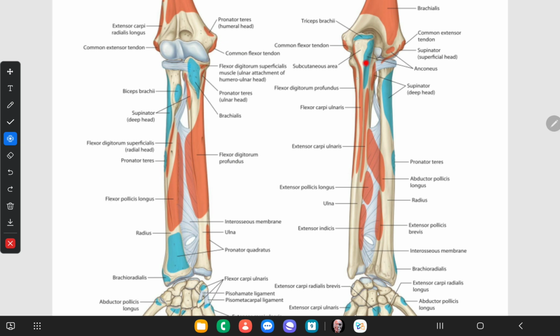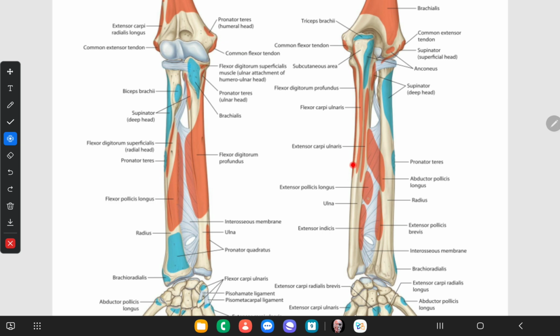Here you can see the origin of the flexor carpi ulnaris muscle. Then you can see the origin of the extensor carpi ulnaris muscle. And you can see the origin of the flexor digitorum profundus. Here also you can see a little bit in the posterior aspect the flexor digitorum profundus muscle origin.